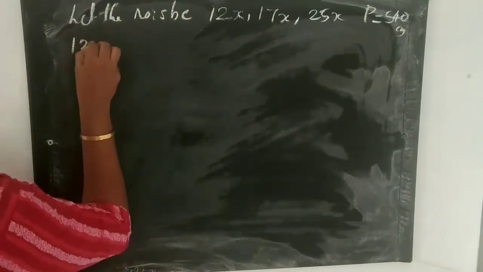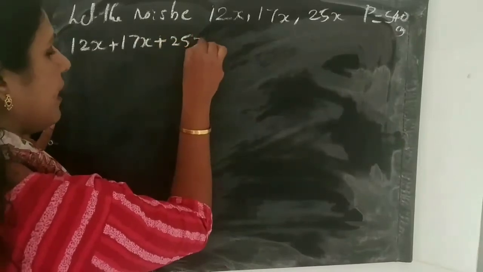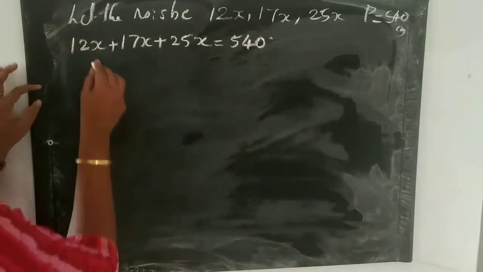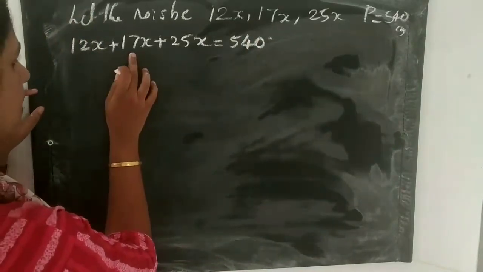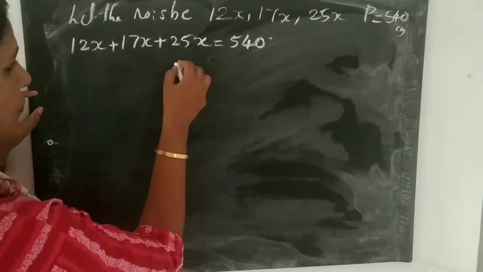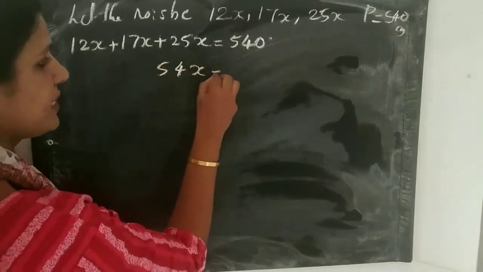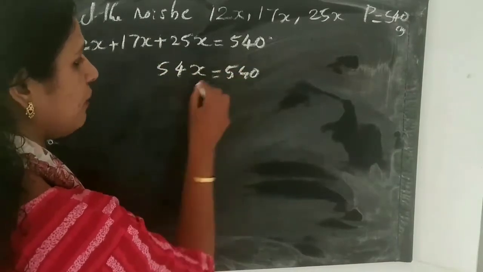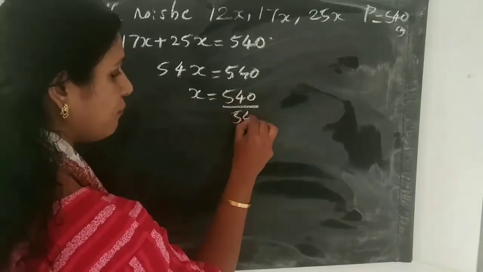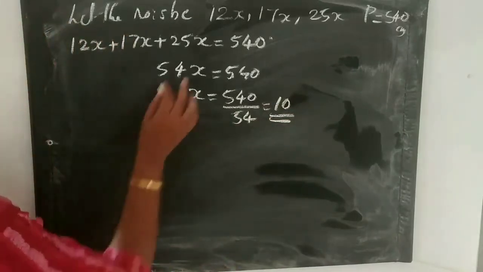That is 12x plus 17x plus 25x equal to 540. Adding 12, 17 and 25 gives 54x equals 540. From this x equals 540 by 54, which equals 10. So x is 10. Now we have to find the sides.